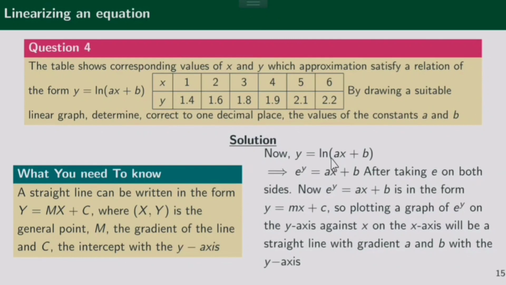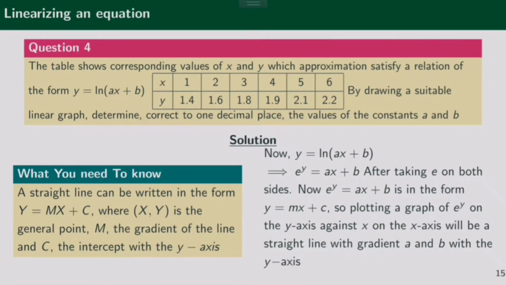Now, y is equal to ln of ax plus b. What most students would do here, which is not in agreement with the laws of logarithm, is multiply out the bracket. Please don't do that. So what we can do instead is try to eliminate this ln from the right hand side. And how can we do that?